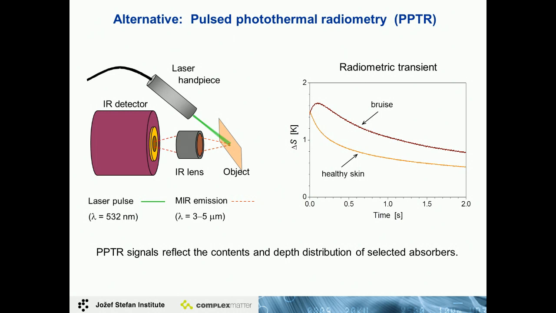If 0 represents the baseline value of the infrared emission, then we see this peak start, and for example, in healthy skin, we see immediately a huge difference from the bruise. So the signals contain information on both the amount and the depth of the absorbing features inside the skin.